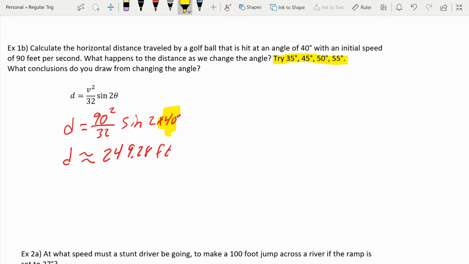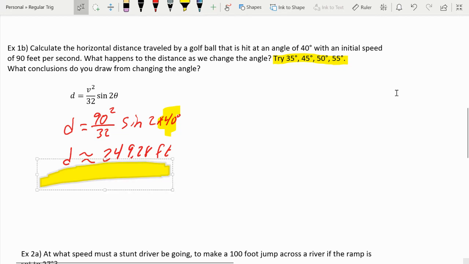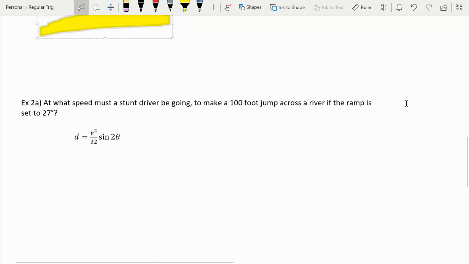What conclusions do you come up with? Look at the distance that the ball's traveling. What patterns do you notice? I don't want to give it away. It's kind of obvious, but you try it.